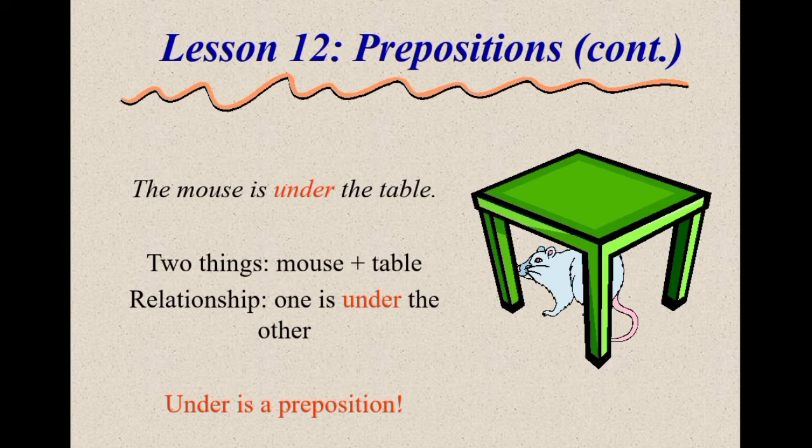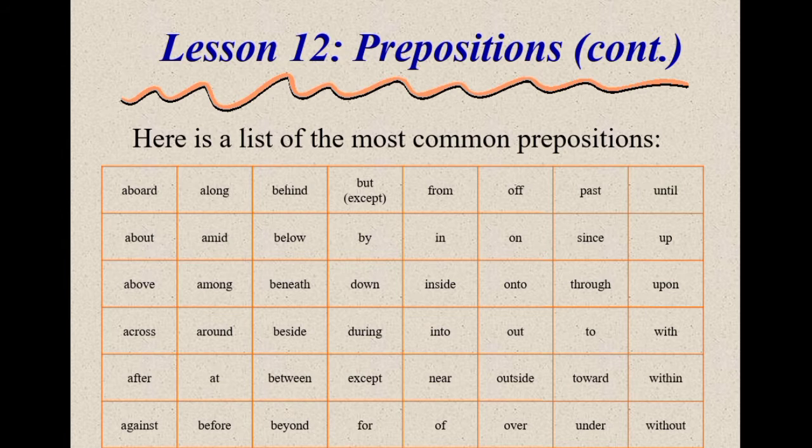So between mouse and table the relationship is under. So the mouse is under the table. Under is the preposition.